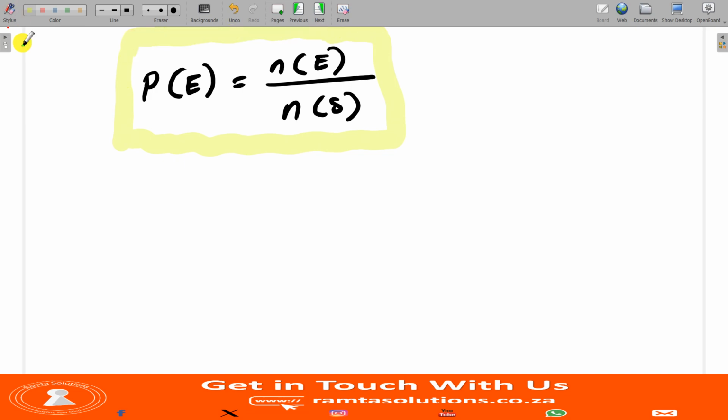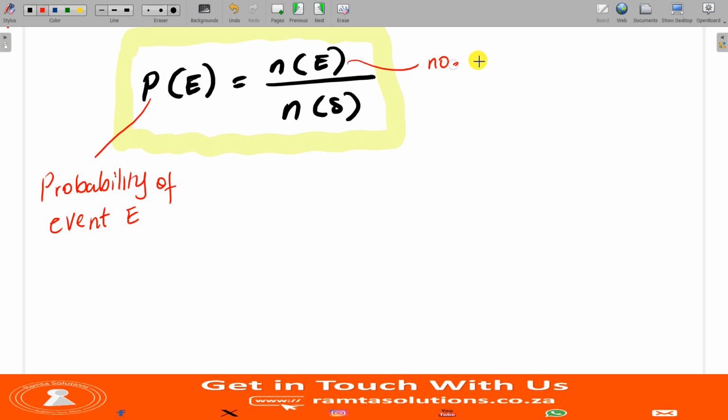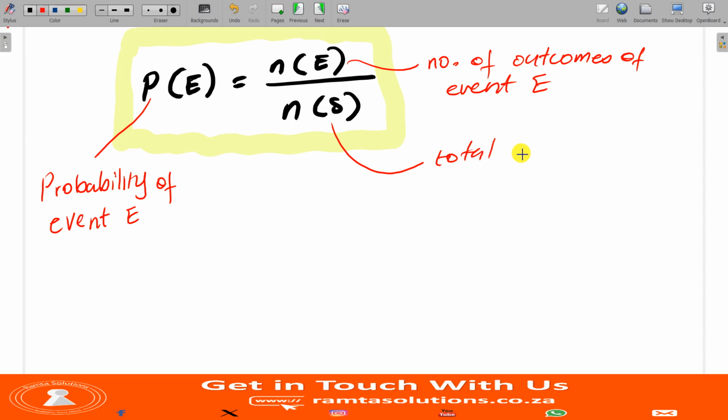Now, I am going to define these once again. This is the probability of your event E. This is the number of outcomes of event E. And this is the total number of outcomes of the experiment.